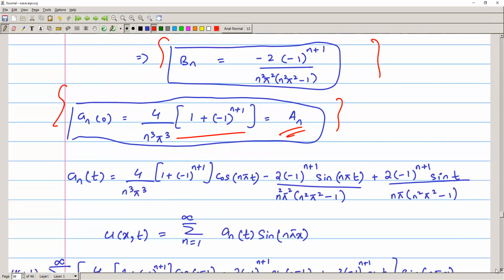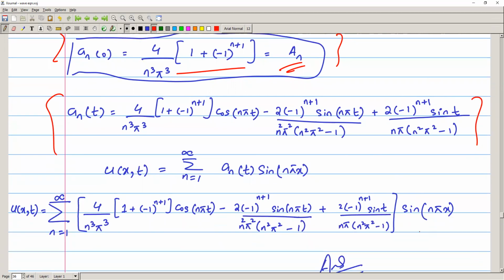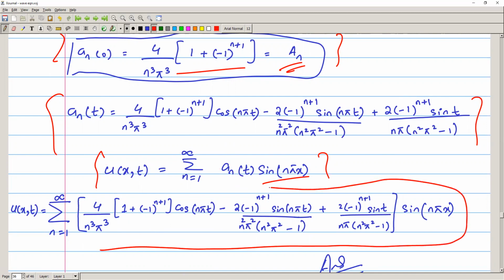Now we can plug into the equation to find the general solution. So a_n(t) is equal to this whole function. The solution of this equation is a_n(t) times the eigenfunction, sine n pi x. This will be the particular solution for this problem with the given boundary conditions and initial conditions.